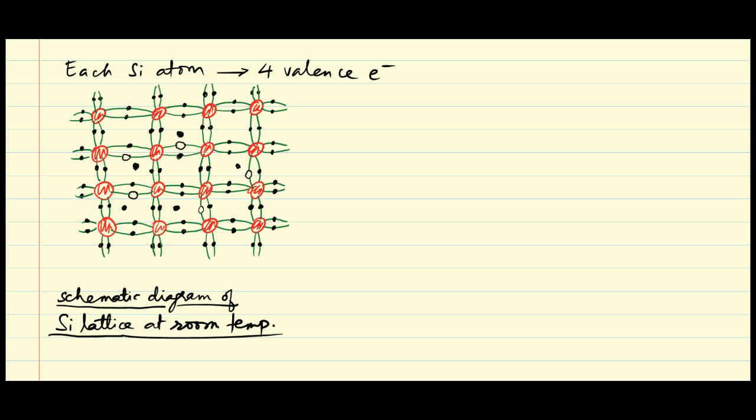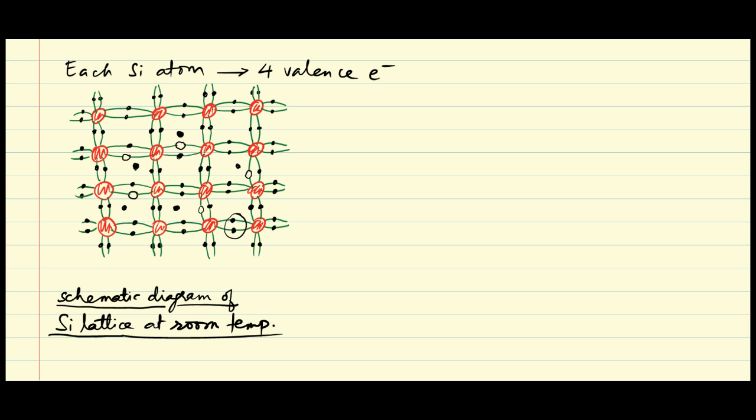So you can see that each free electron which is liberated from its parent atom leaves a vacancy in its place. Thus, although most of the covalent bonds in the lattice have 2 electrons, so for example this covalent bond has 2 electrons and most of them do like that.